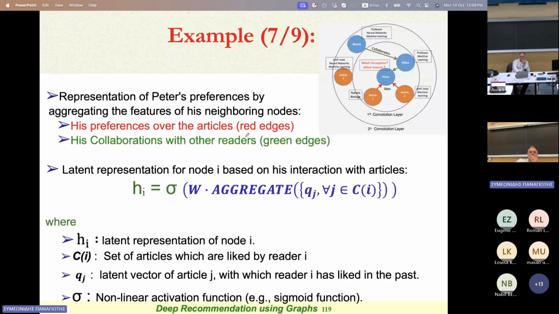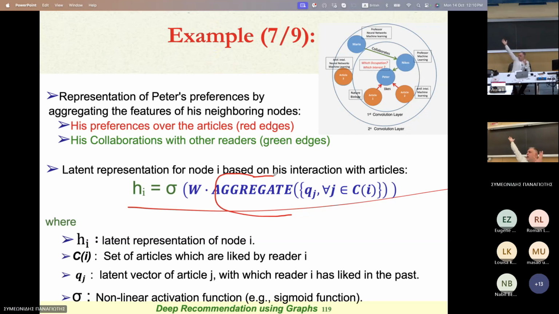As you can see here, also, we have the aggregation that we want to perform. We can use different aggregation functions. We can use the average of the ratings of users to express them, or we can use a concatenation operation.